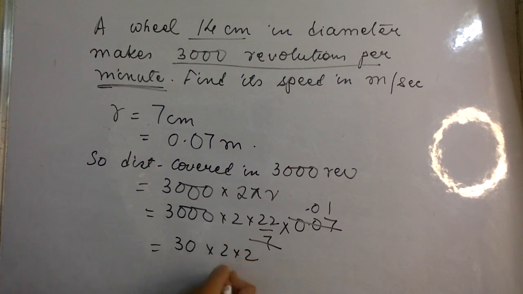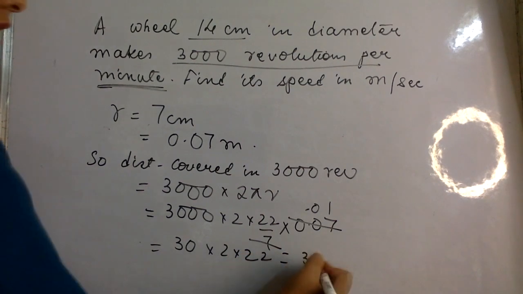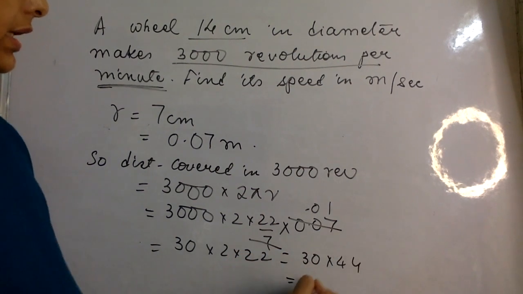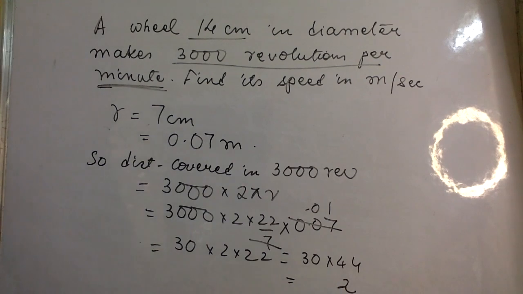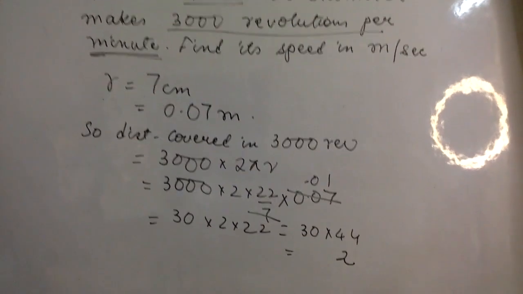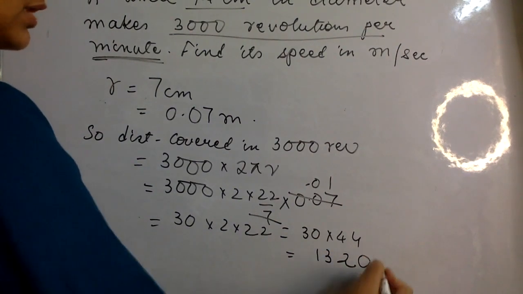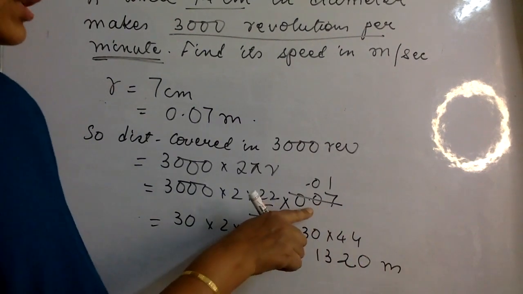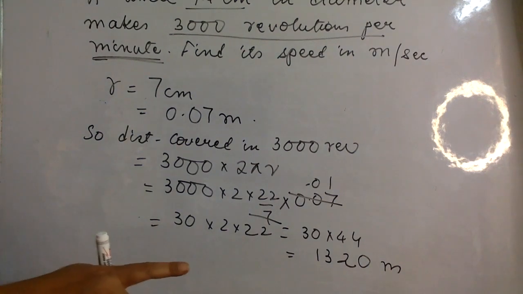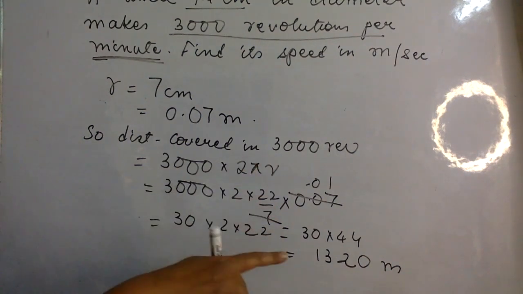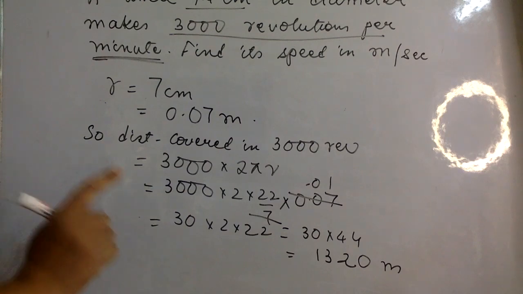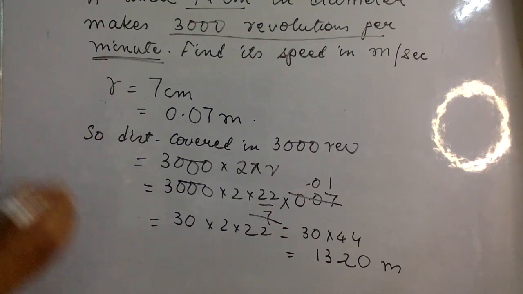Then 2 into 22 is 44, so 30 into 44, that is 4 3s are 12, and we get 1320 meters. Remember we had changed it to meters, so now our answer is in meters. 1320 meters it is covering in 1 minute.